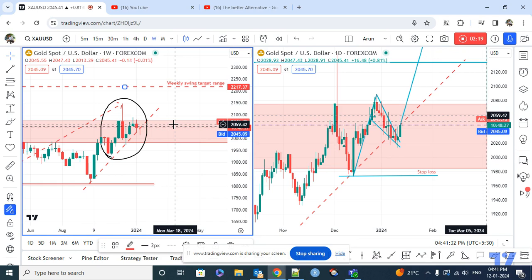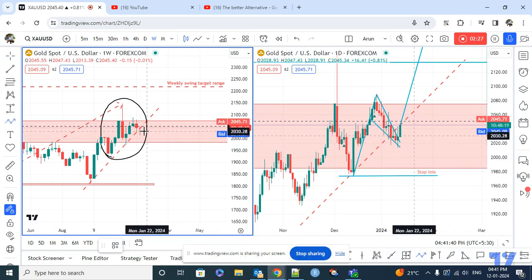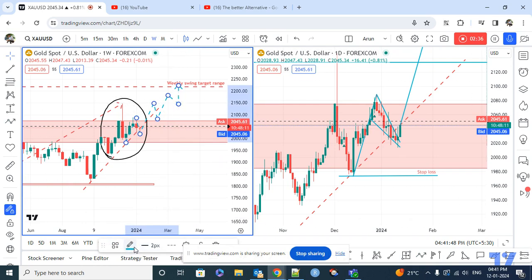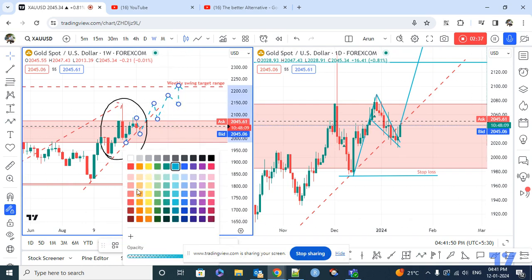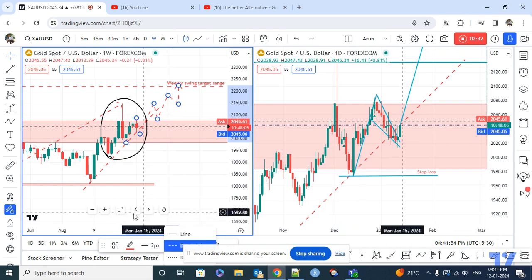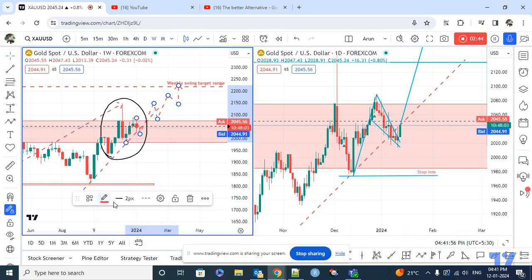The lower time frames, like daily or 4 hour, will move in a zigzag manner, like this one. Let me draw it up. Maybe like this, and then it can reach here. I'll change the color, maybe red and dashed.